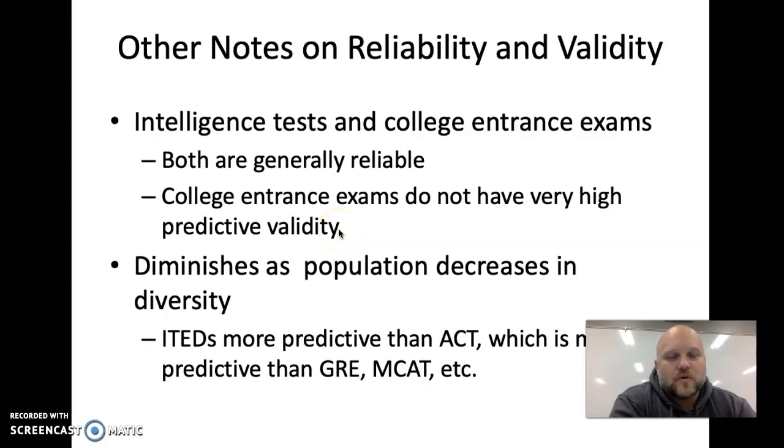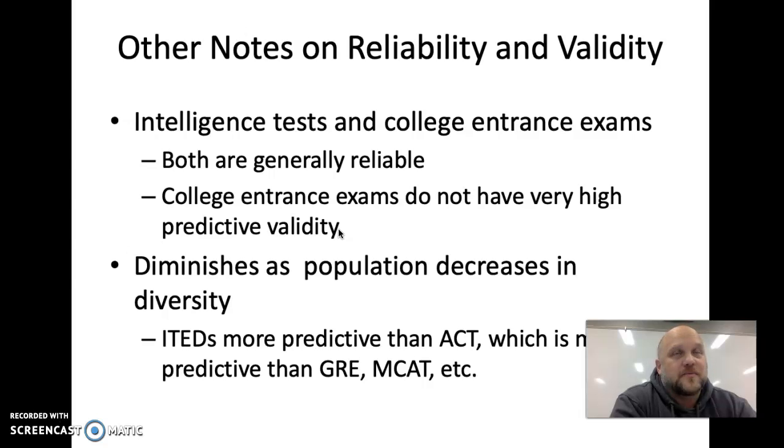The correlation coefficient of ACT scores, or I think it was SAT scores, and college GPA, last time I saw it, was about 0.3. That's not worthless, but it's not that great either.